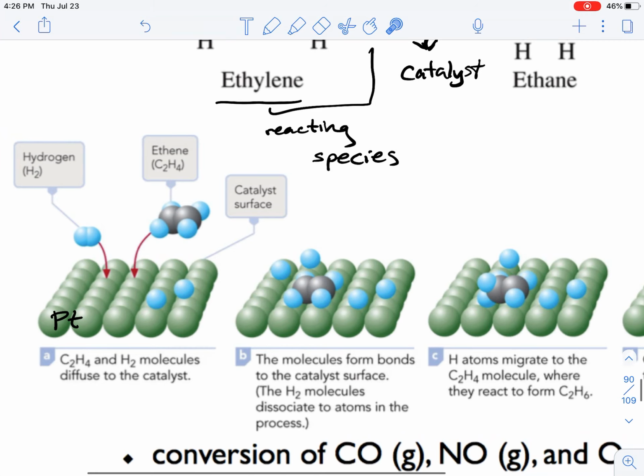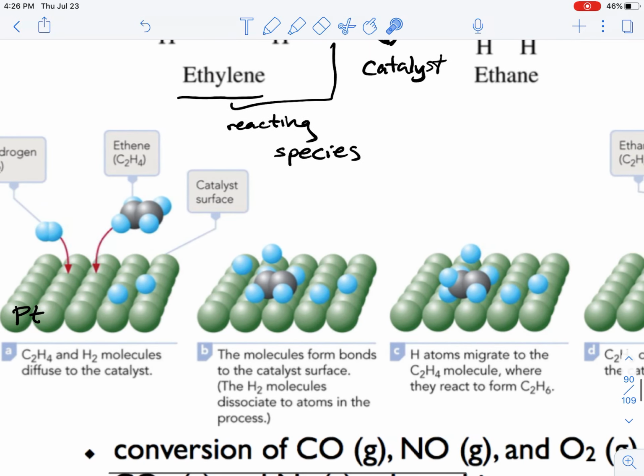The really cool thing about this platinum catalyst is that it fixes the orientation of the hydrogen gas and the ethylene gas such that when these two reactant species collide, the orientation is already correct.